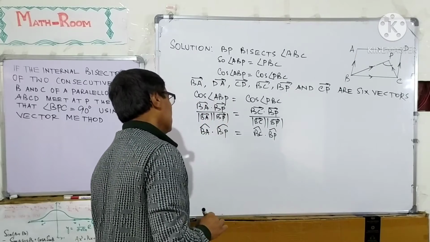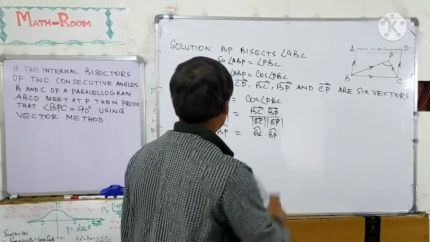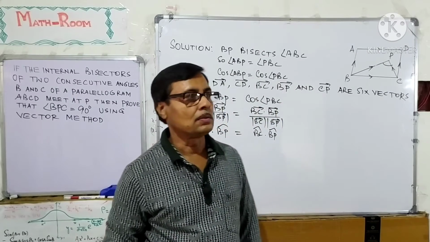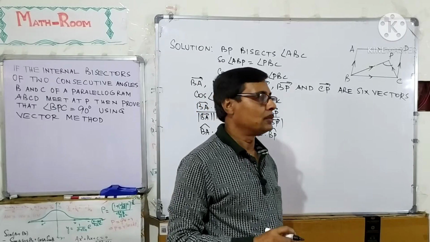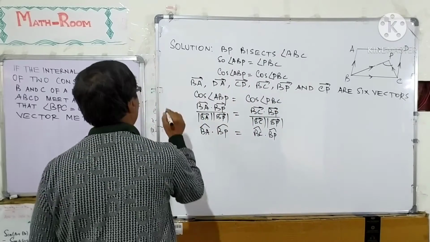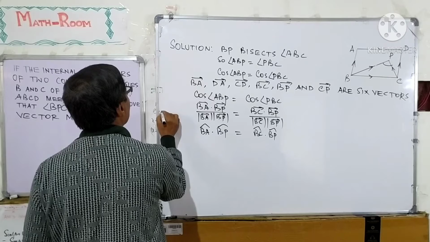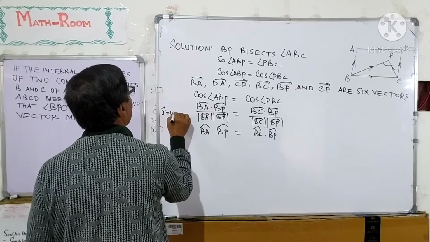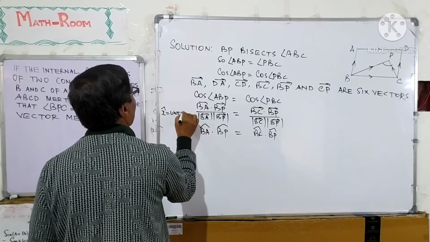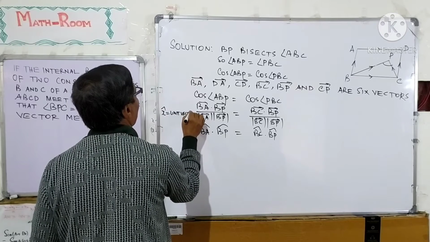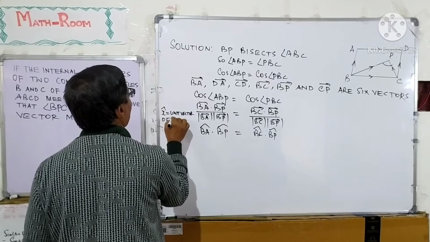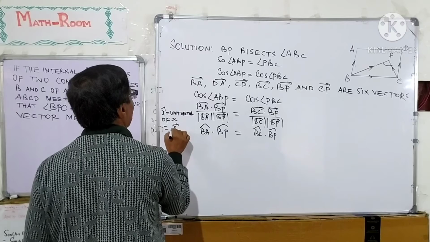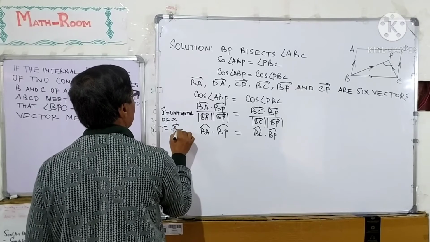These are unit vectors, because any vector divided by its magnitude is called the unit vector of this vector. Suppose x is a vector, so x cap is the unit vector of x, equal to vector x over its magnitude.